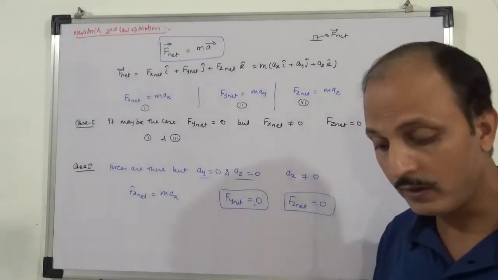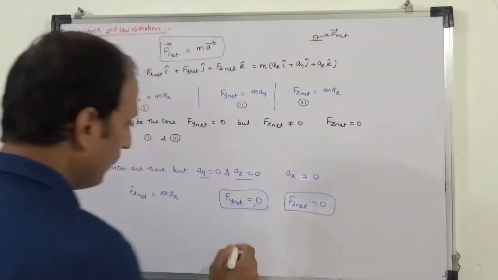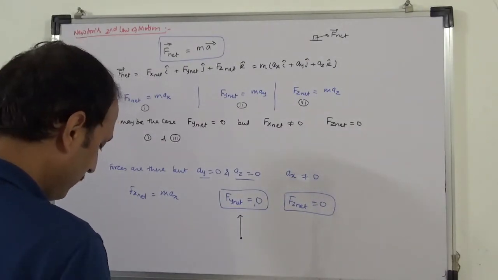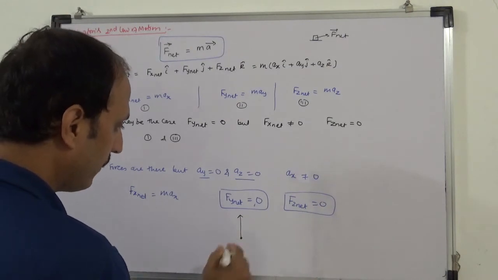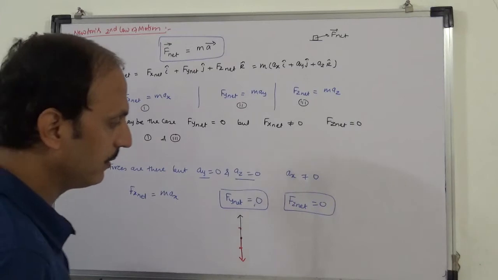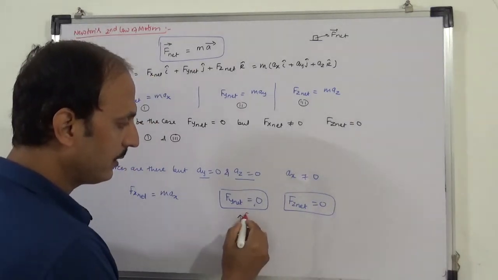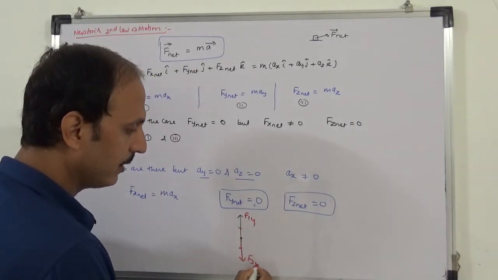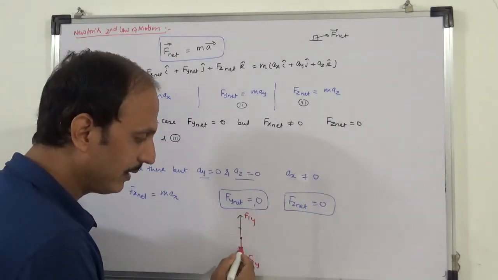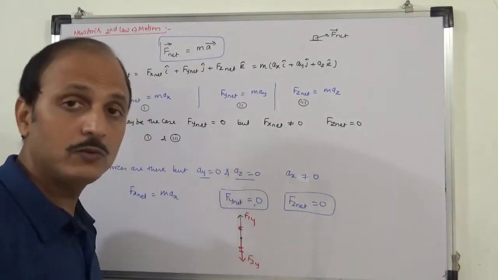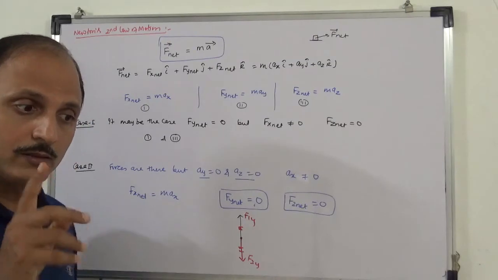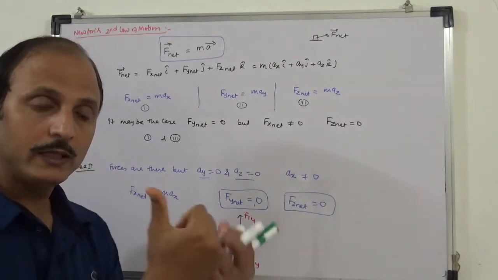When will F net along y be 0? Let's say if some force is here and just opposite to it another force is there, that will make the force along y 0. Both are equal in magnitude, so the net will be 0. So this is, let's say, f1y, this is f2y. If acceleration is 0, it means f1y equals f2y, because only then do these two cancel each other, since they are vector quantities. Vectors cancel when their magnitudes are equal and they are opposite in direction.